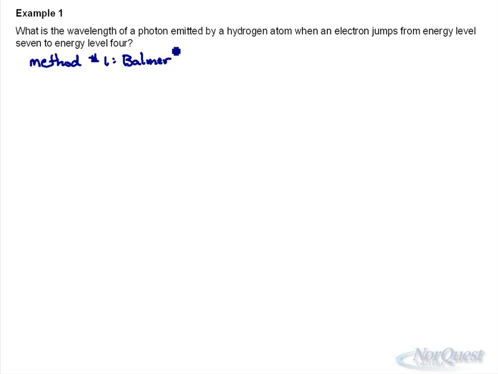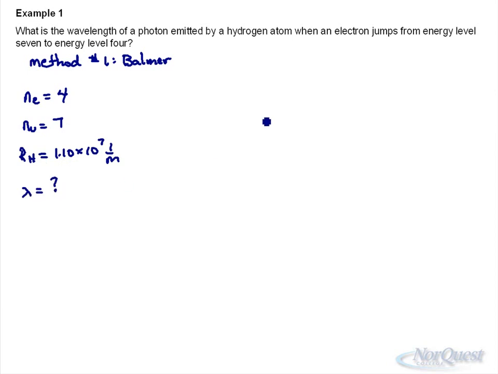Because it's a hydrogen atom going from energy level 7 to energy level 4, I always just say the lower level is energy level 4, the upper level is energy level 7. Rydberg's constant, which would be given to you, is 1.10 times 10 to the 7, 1 over meters. And you're looking for wavelength.